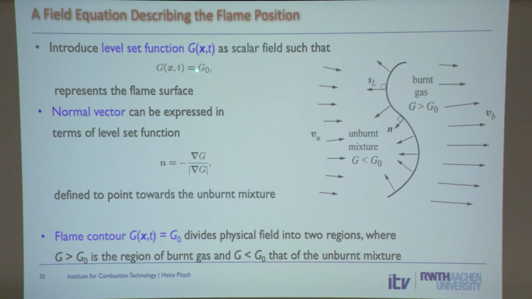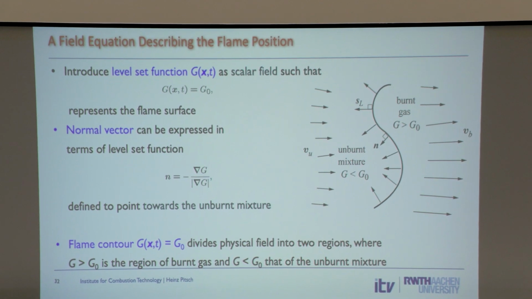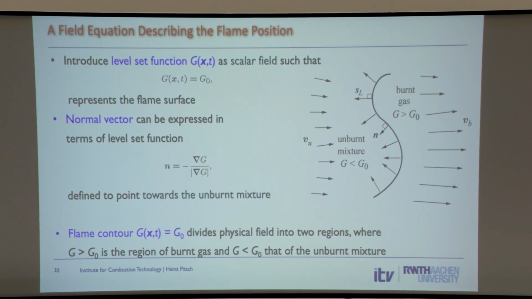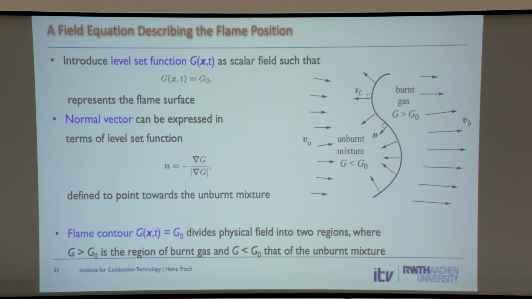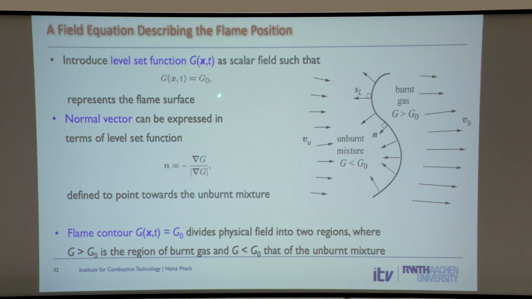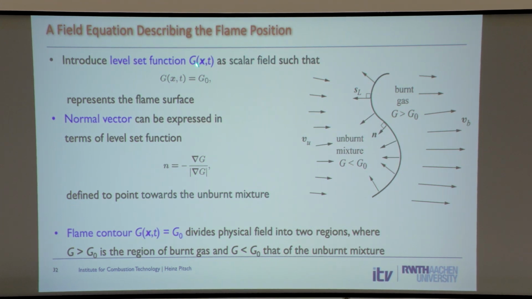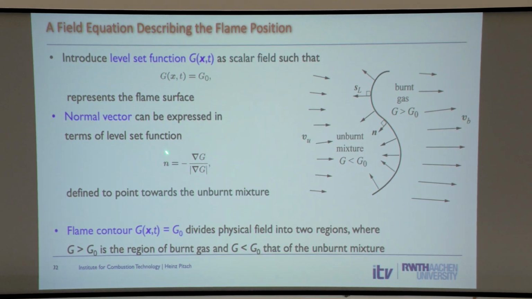So we say at the flame, G is equal to G naught. And I said it's 0. You could also say at the flame it's 5. Doesn't really matter, but I always say it's 0. G naught is always 0 for our purposes. And then on the previous slide we had the flame normal vector.